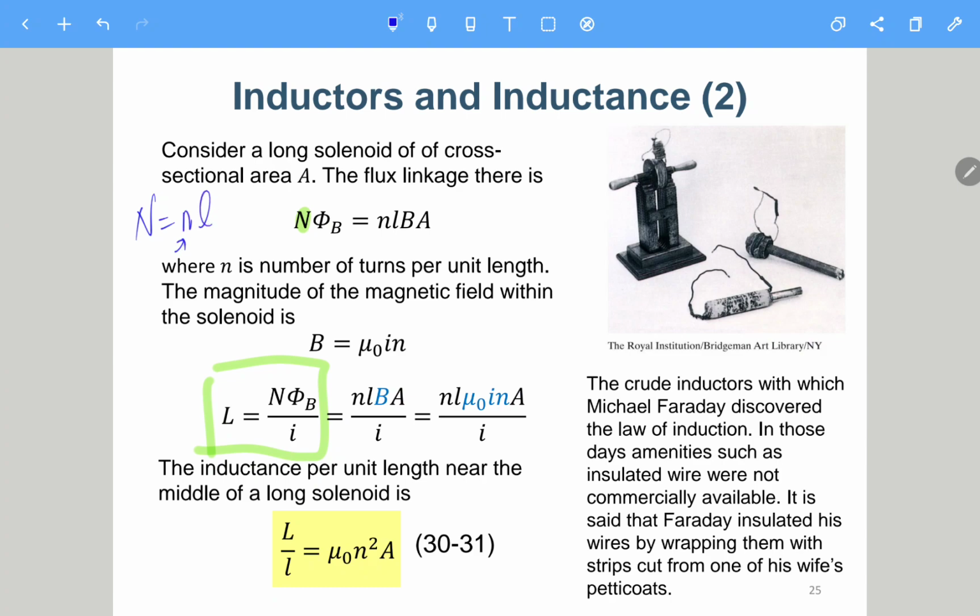Small n is the density of the turns, which means the number of turns per unit length, and then times the length. So we have n times L, and phi b is still B times A. So here we have nLBA on the top, and then for the I, it is actually a solenoid in chapter 29. So we have B equals mu 0 I n.